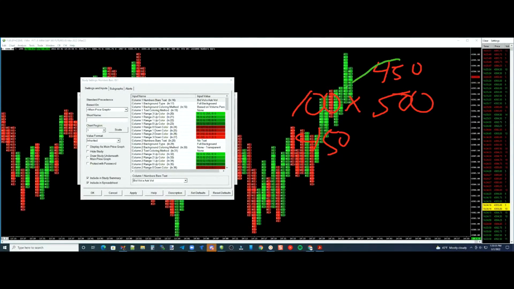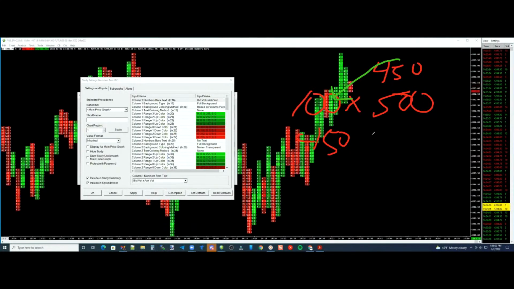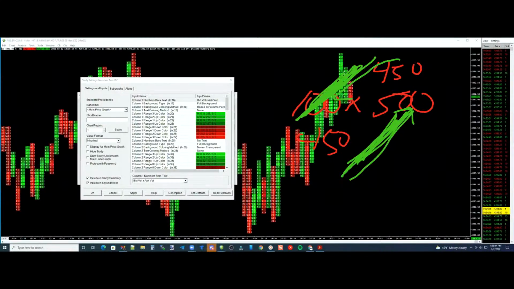It works to sellers selling top right to bottom left, and it works buyers buying from bottom left to top right. They are lifting the offer. They are hitting the bid. And it's about the aggressiveness between the two that moves the price.